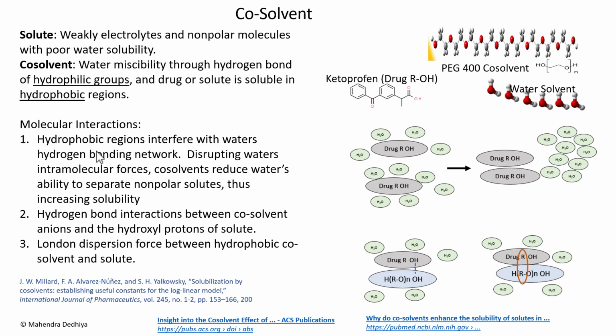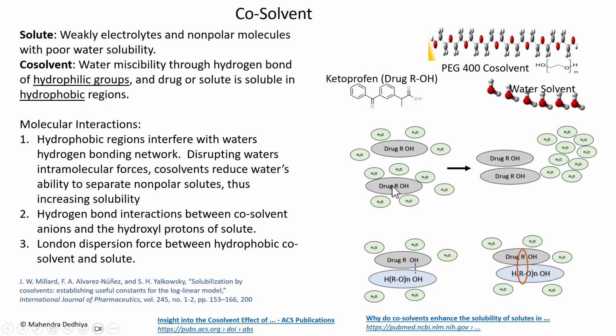London dispersion forces between hydrophobic portions of co-solvent and solute play an extremely important role. An example shown here is a ketoprofen drug, ROH in the following diagram, and polyethylene glycol has an OH group and a non-polar moiety, and PEG 400 is generally used as a co-solvent with water.